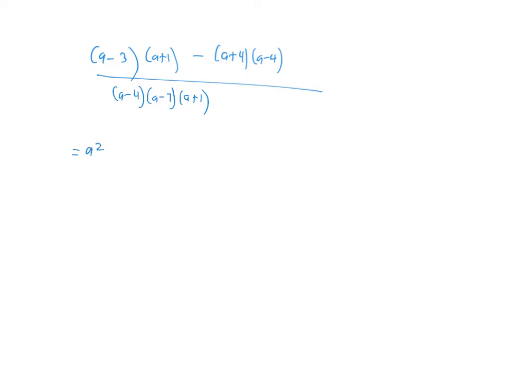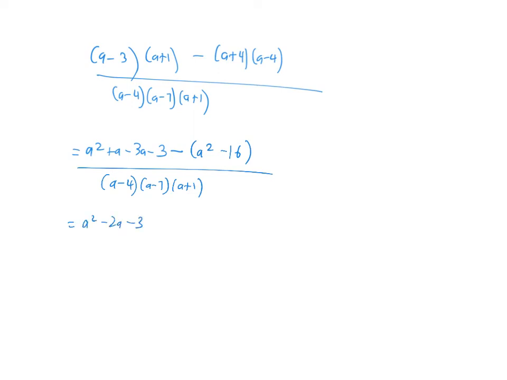So it's going to be a squared plus a minus 3a minus 3. Then minus, this is the difference of two squares, so minus (a squared minus 16), all over (a minus 4)(a minus 7)(a plus 1), equals a squared minus 2a minus 3 minus a squared plus 16 over (a minus 4)(a minus 7)(a plus 1).